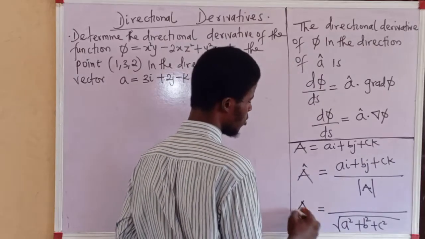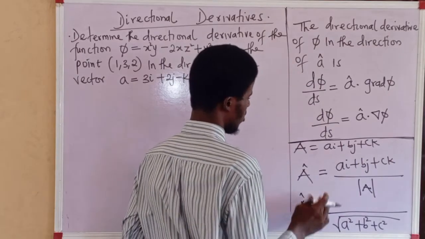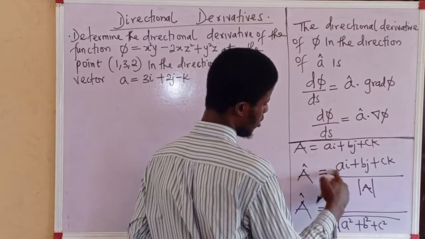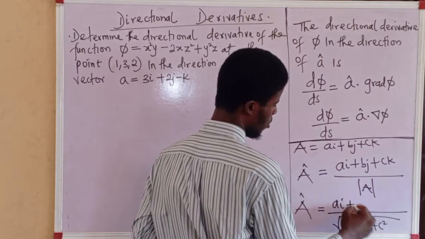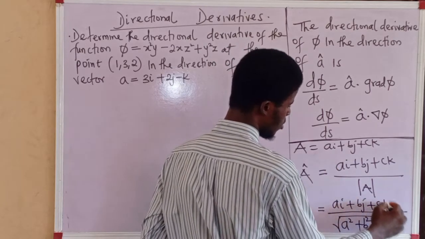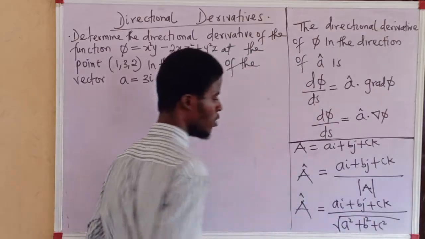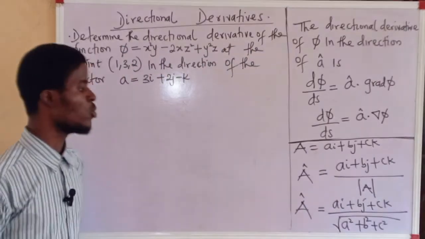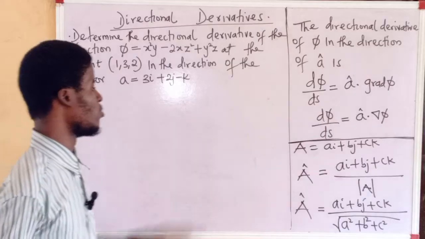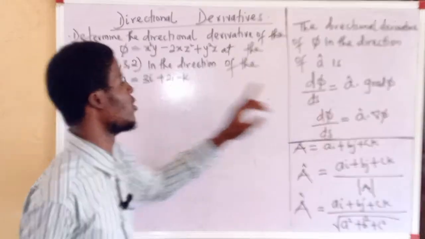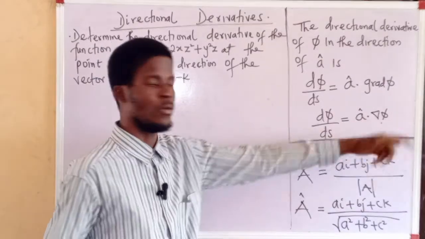So the unit vector is equal to ai plus bj plus ck divided by the magnitude of the vector. So we need the modulus of this vector and the grad of this scalar field.